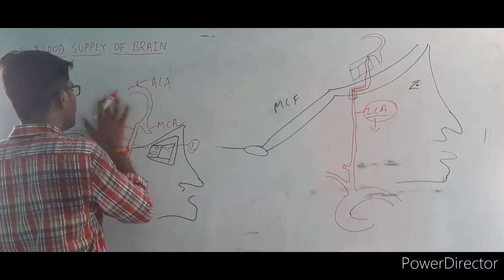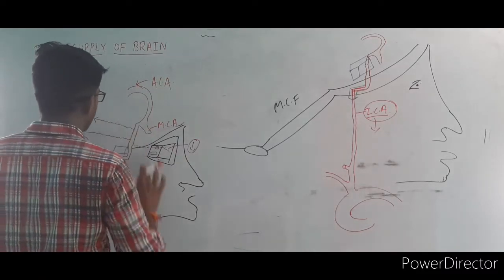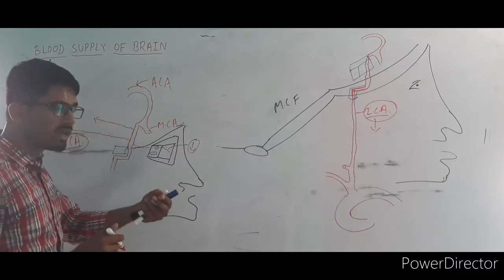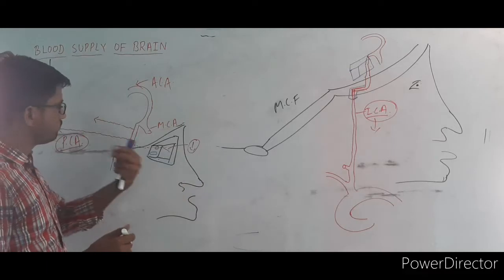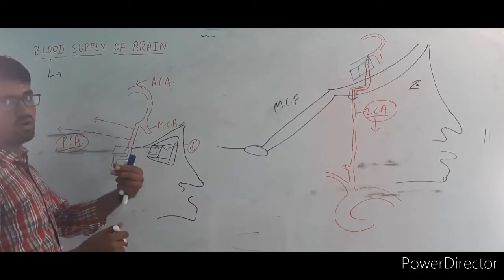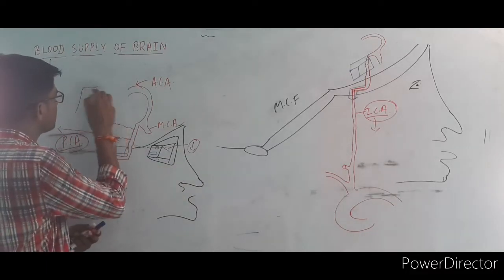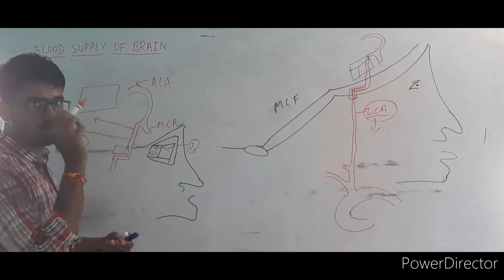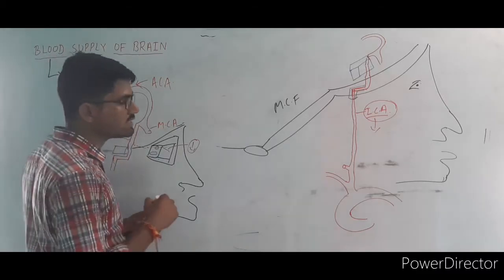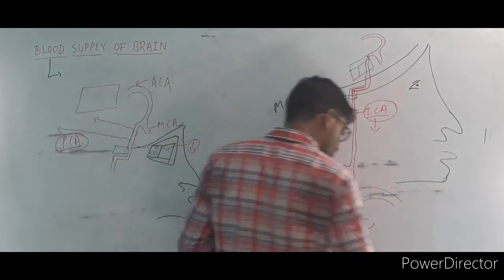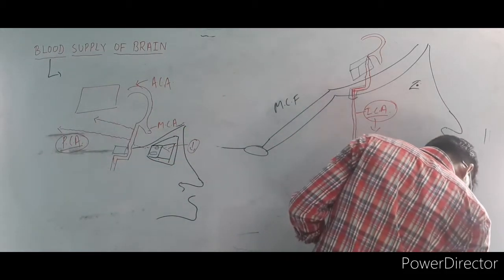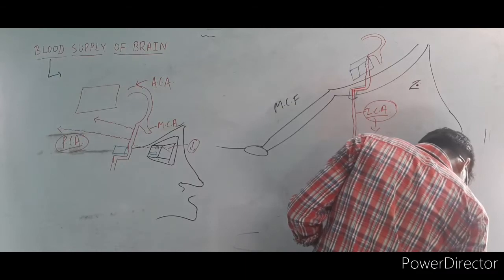This artery is going posteriorly and it's making what? You know that somewhere here are the lateral ventricles. The lateral ventricle has a choroid plexus, and that choroid plexus is formed by which artery? Tell me, by which artery?